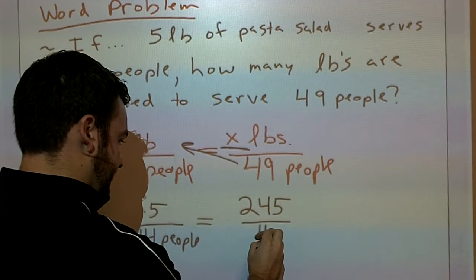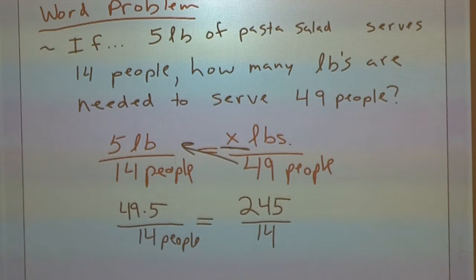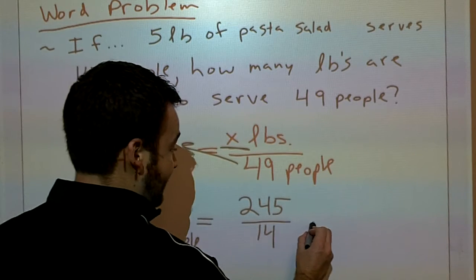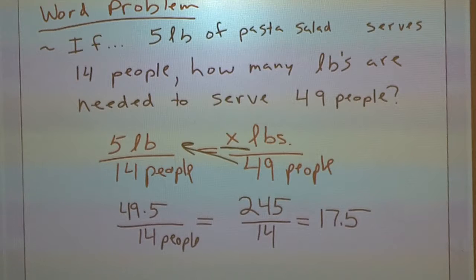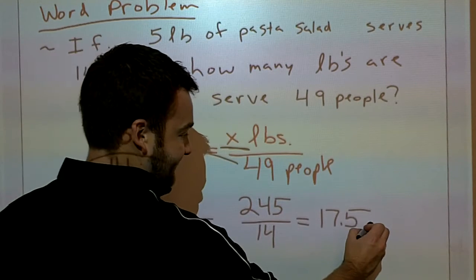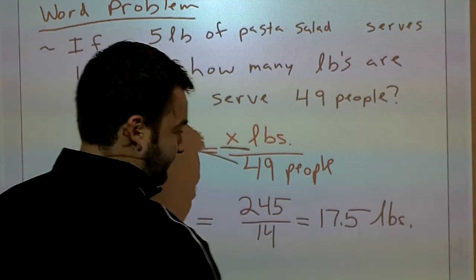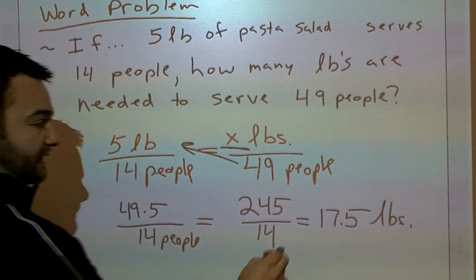And divide that by 14, and we should get our answer. 245 divided by 14 gets us to exactly 17.5. Okay? So in order to serve 49 people, we would need 17.5 pounds. This would be our final answer.